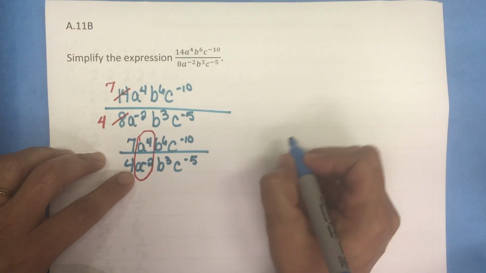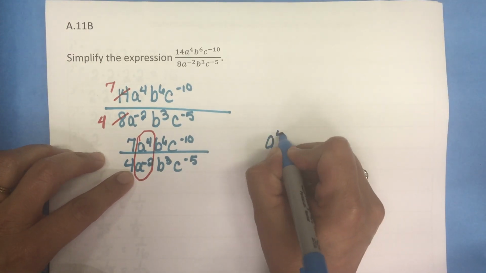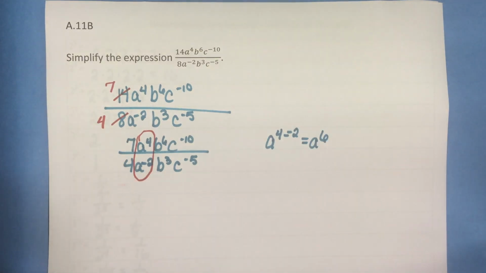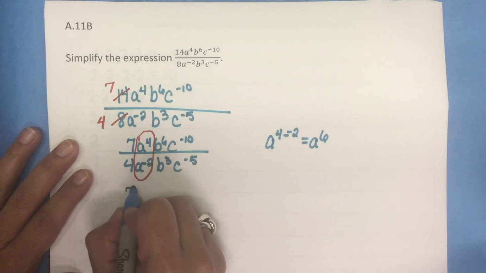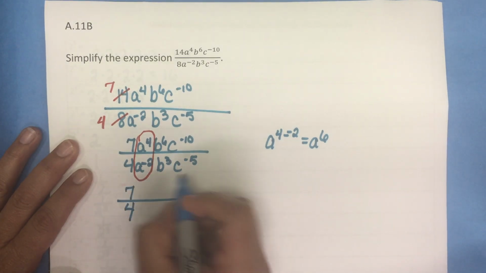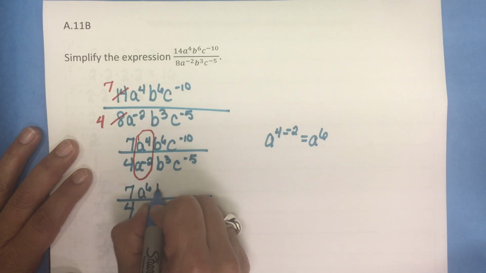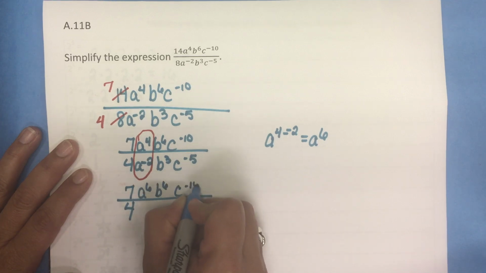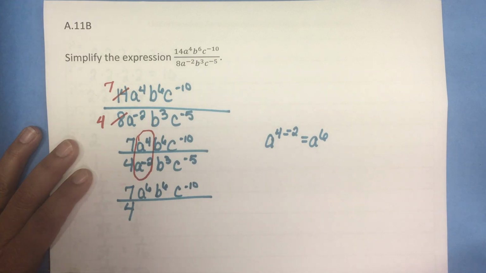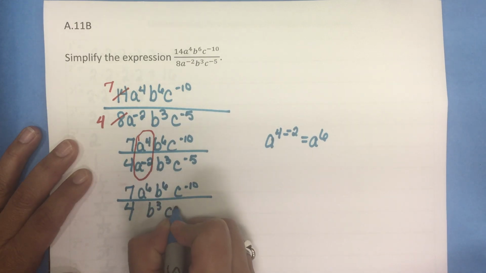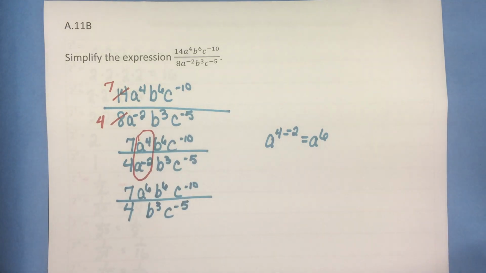So if we subtract those exponents, it's going to be a to the 4th minus negative 2, which is a to the 6th. So we will still have our 7/4. This we have simplified to just give us an a to the 6th. We still have b to the 6th and c to the negative 10 in the numerator, b to the 3rd and c to the negative 5 in the denominator.